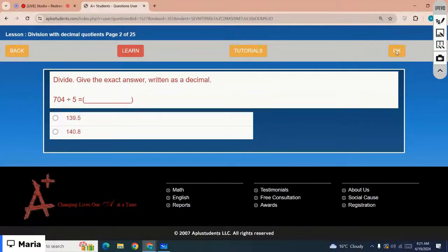Which is the correct option? That's the second one. That's the one we did in the tutorial, right?